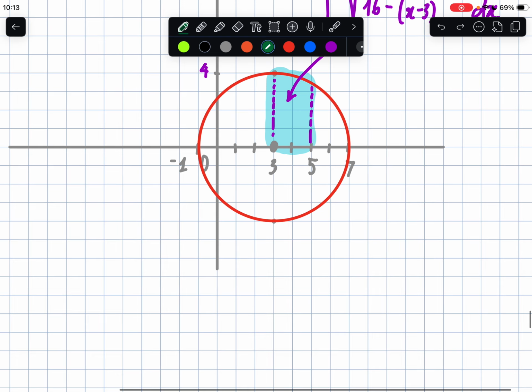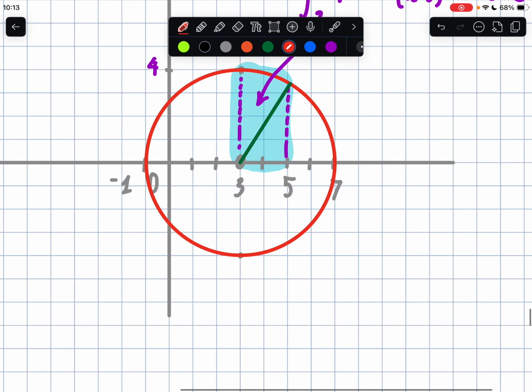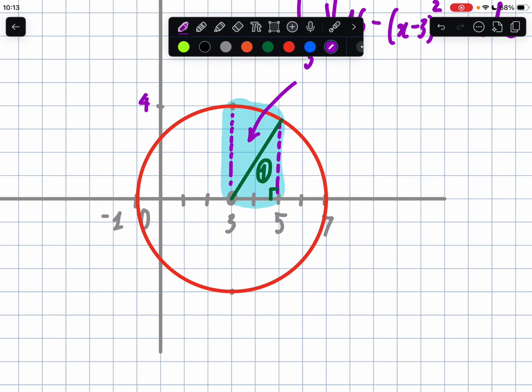To compute the area of this region, we cut it into two sub-regions. I call the first one, the right triangle here, region 1, and the second one region 2.